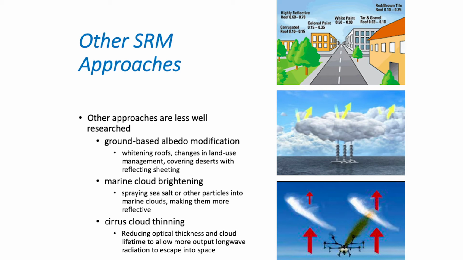And finally, cirrus cloud thinning, which aims at reducing the optical thickness and cloud lifetime, and by doing so, allowing more outgoing long-wave radiation to escape from the Earth to space.